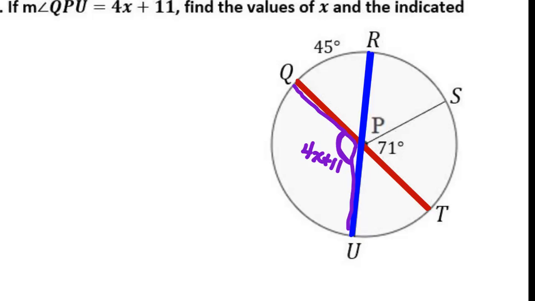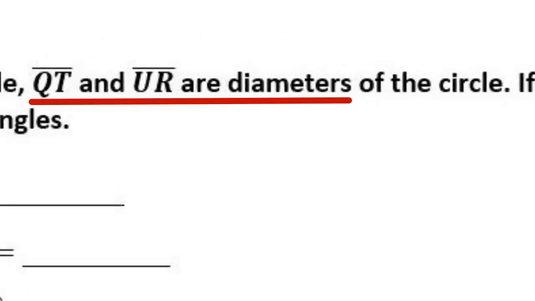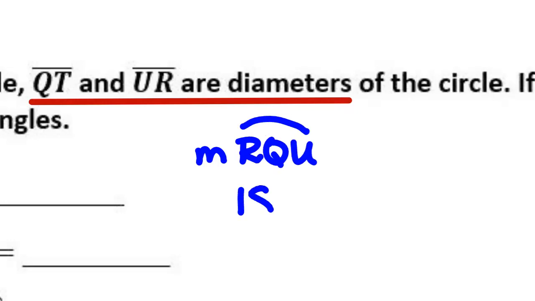First thing they want me to find is the measurement of x. Well, since RU is a diameter, what's the measurement of arc RQU? 180. The measurement of arc RQU is 180 degrees.